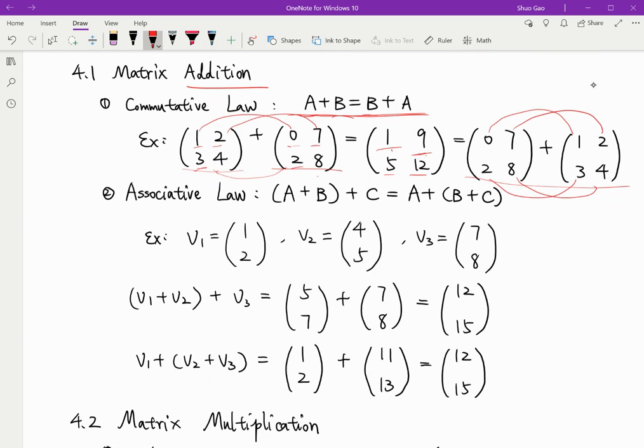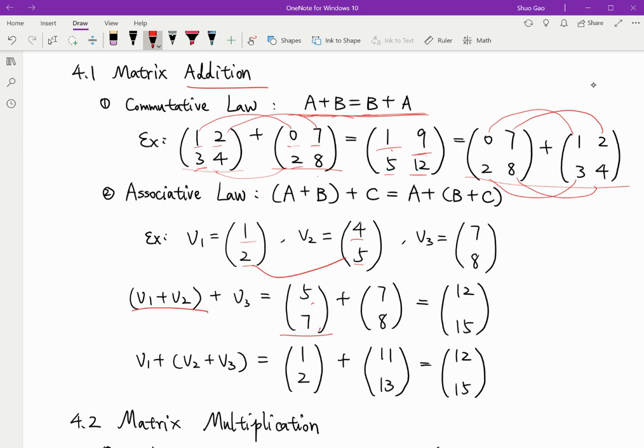So this is V1, V2, and V3. If we first calculate the summation of V1 plus V2, that will be the summation of 1 and 4 as the first element, and the summation of 2 and 5 as the second element. So that's 5 and 7 here.